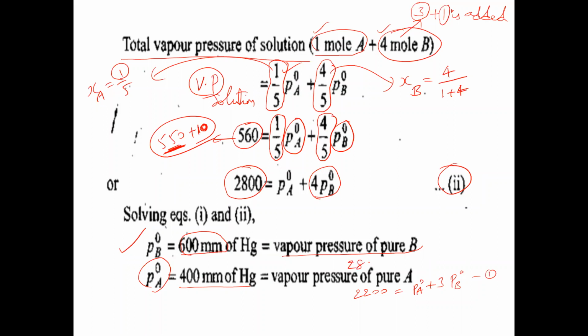The final calculations you have to do once again. Take a screenshot of this. It is model 1, the first model, based on Raoult's law.